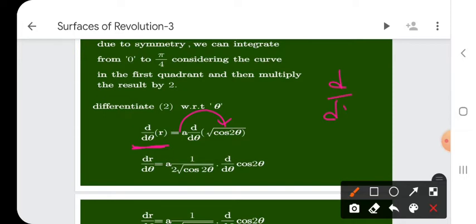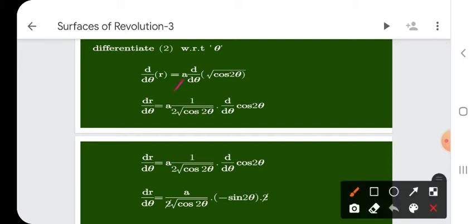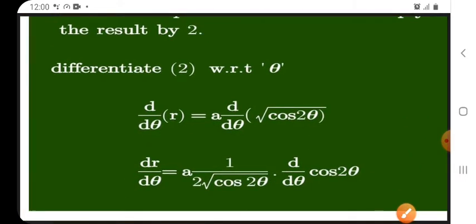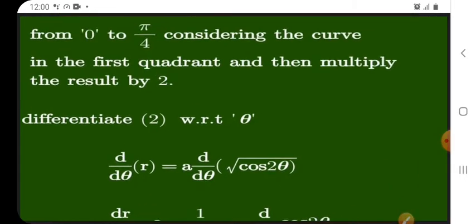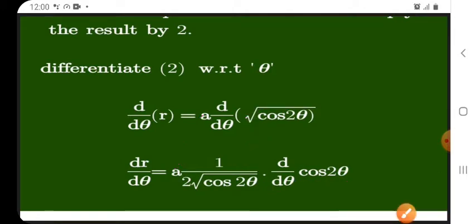The derivative of a root function is 1 by 2 root of the same expression, and we differentiate the inside function again. So A times 1 by 2 root cos 2 theta, and then we differentiate the inner function cos 2 theta.